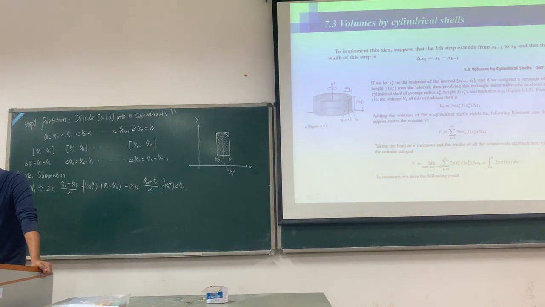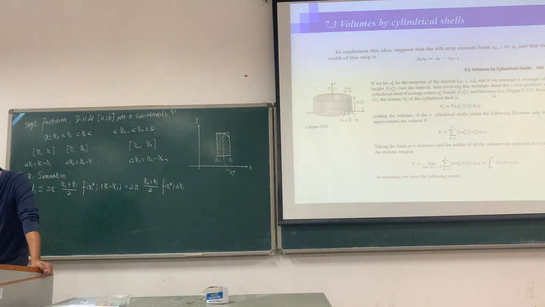If we construct a rectangle of height f(xk*) over the interval, and then revolve this rectangle about the y-axis, it produces a cylinder shell of average radius xk*, height f(xk*), and thickness delta xk.